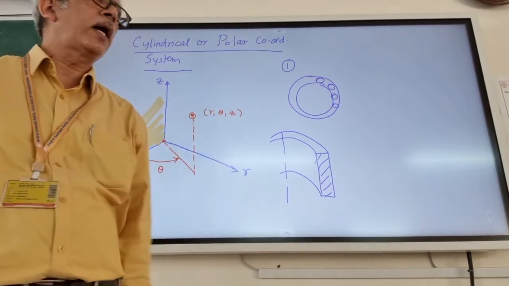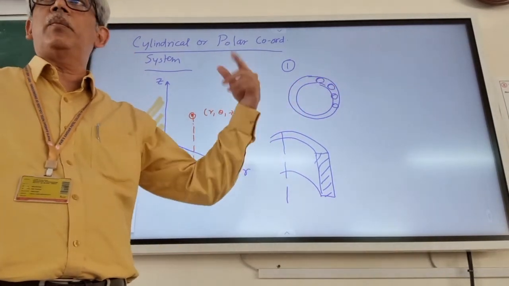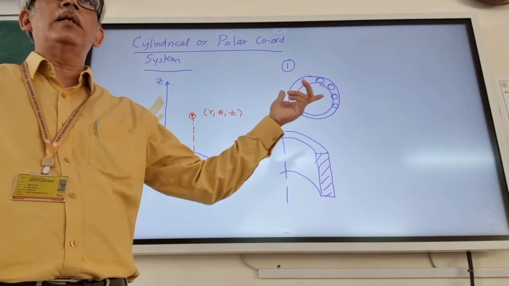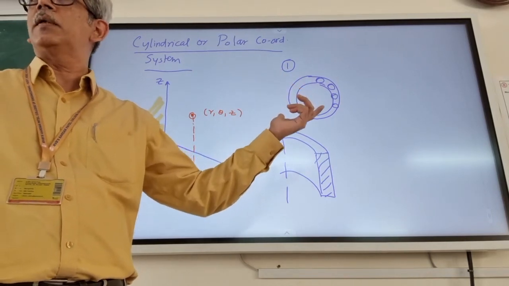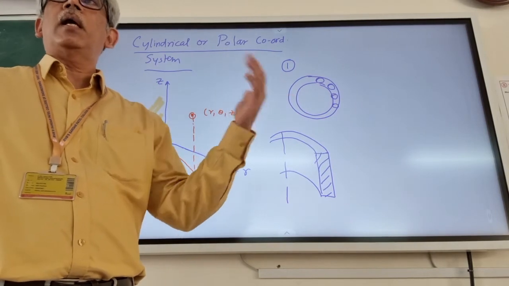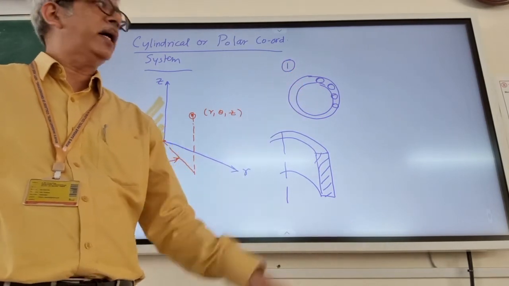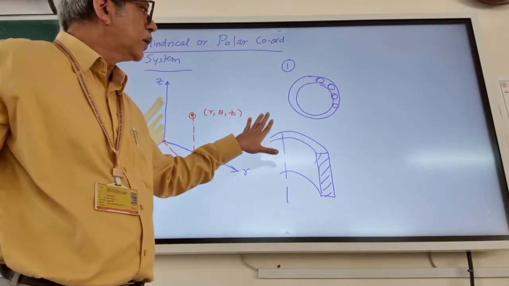A semicircle. So you can take a semicircle and generate it. So the spherical geometry can be represented both in the cylindrical coordinate system as well as the spherical coordinate system. Defining it in spherical allows us some advantages in terms of the expressions that we get.